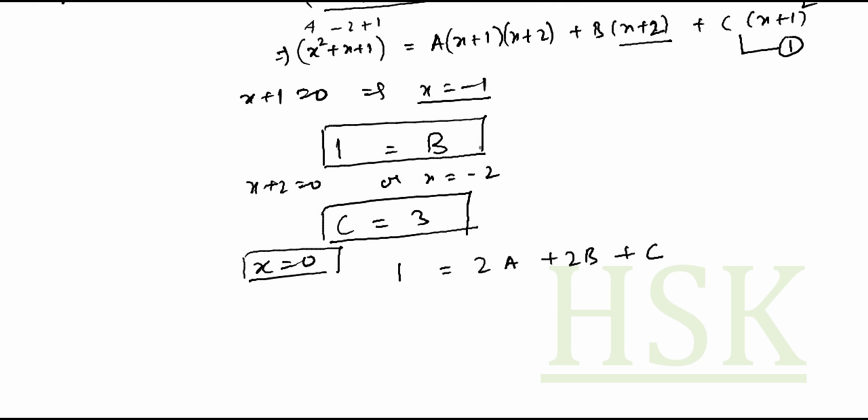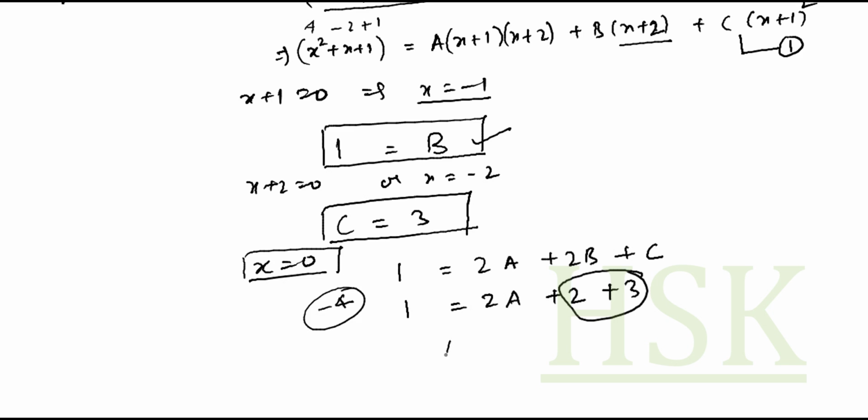Since we know the values of b and c, we can now calculate the value of a. So this will be equal to 2a plus 2 plus 3. So this is going to come here, becoming minus 4 upon 2, that will be equal to minus 2. So we are going to get a equal to minus 2.